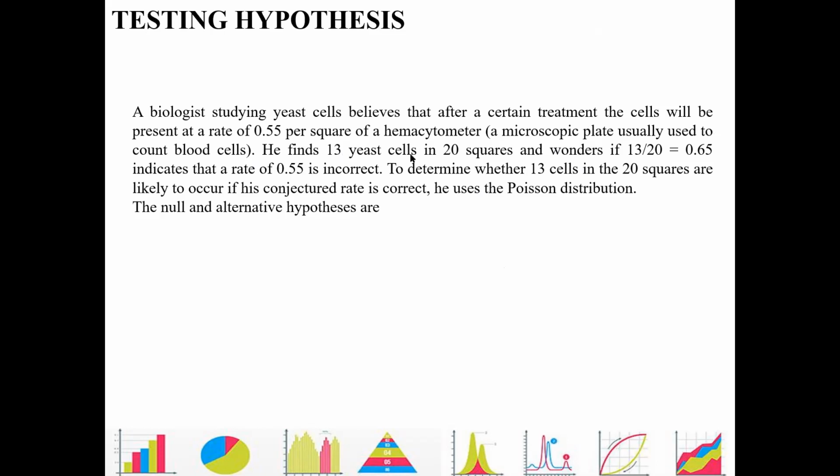He finds 13 yeast in 20 squares and wonders if 13 over 20, or 0.65, indicates that the rate of 0.55 is correct. To determine if 13 cells in the 20 squares are likely to occur if his conjectured rate is correct, he uses the Poisson distribution.